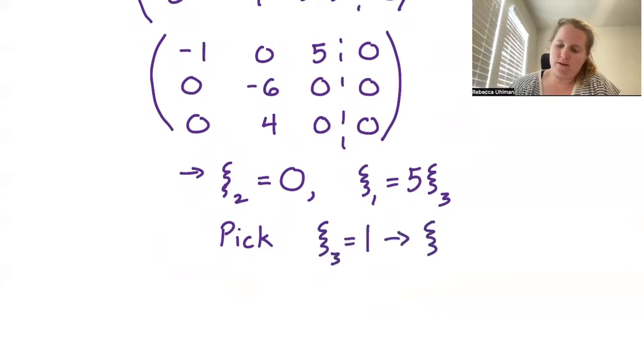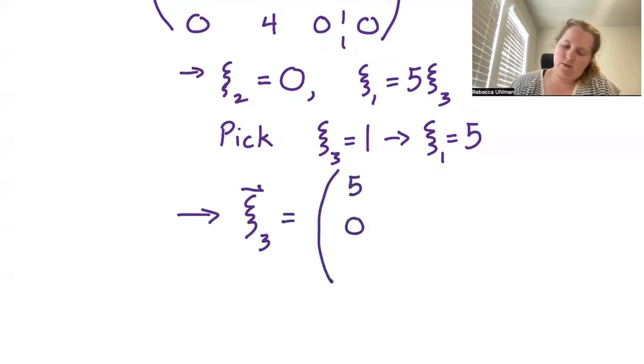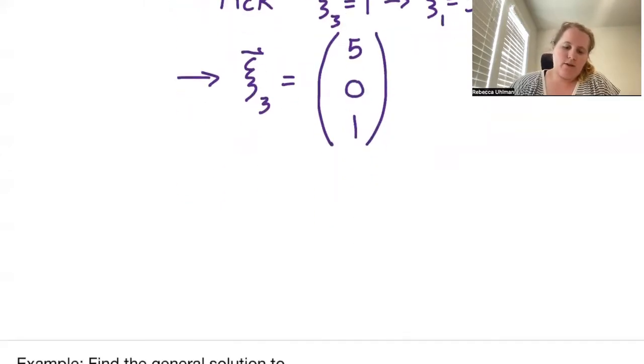That means xi1 is 5. And we have our vector, xi3 should be equal to 5, 0, 1. Putting this all together, we wind up getting our general solution.